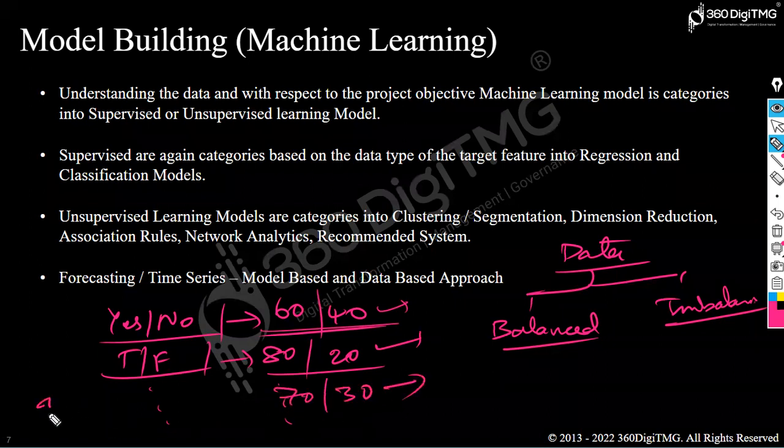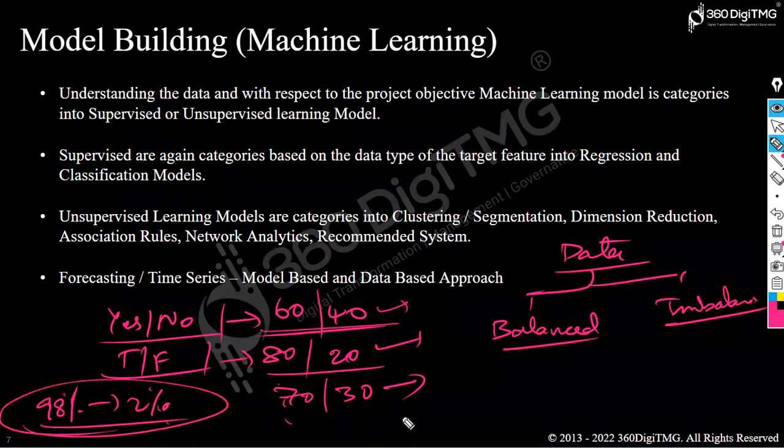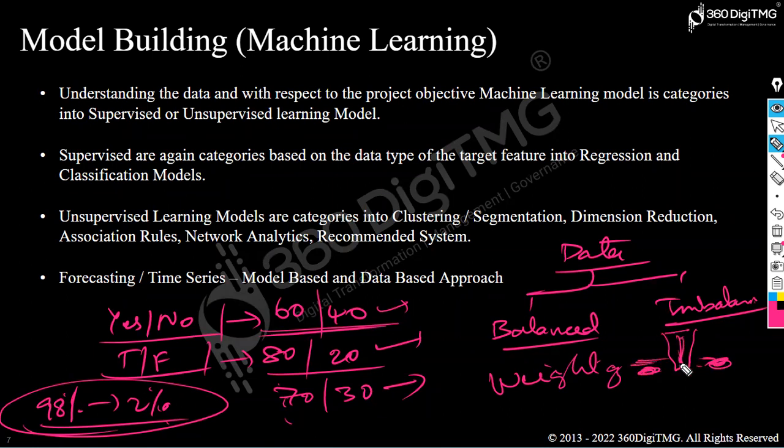But when I say 98% and 2%, do you think that it is balanced? You can also think of a weighing machine. When you weigh particular items on either side, at least the amount that you are getting should weigh the balance.